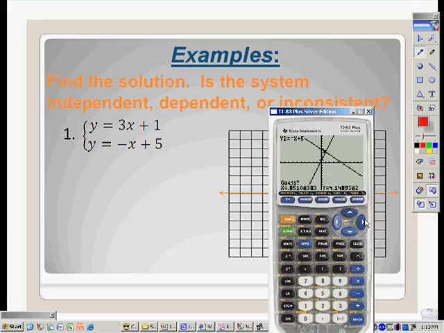And in this case, it is the point where the x value and the y value is what it tells you on here. It tells you x is 1 and y is 4. Y'all good with that? Does that make sense? Okay. Let's move on to the next one.